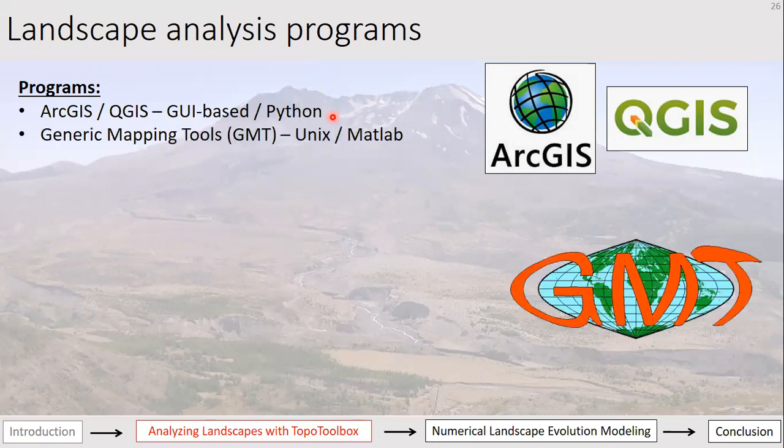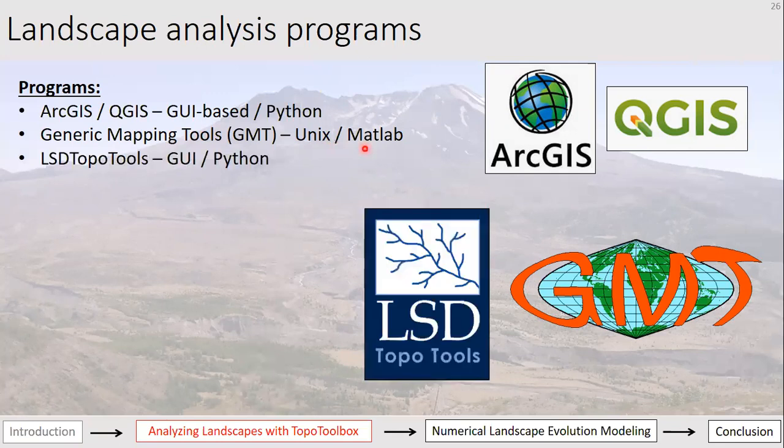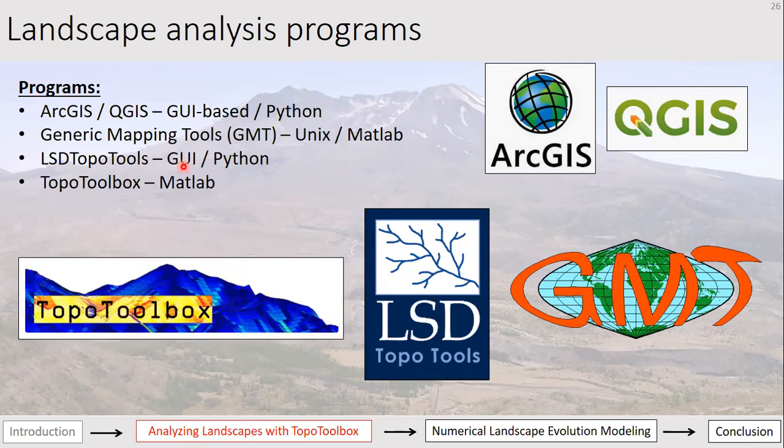For those who prefer kind of more old school methods, there's what's called the Generic Mapping Tools, which is a more Unix-based mapping software and analysis software, which has recently developed a MATLAB wrapper. Other softwares include LSD Topo Tools, which is both a GUI and a Python based program, and then finally TopoToolbox that's developed in MATLAB.